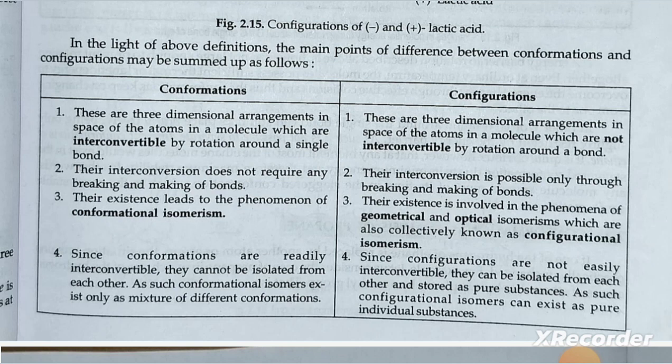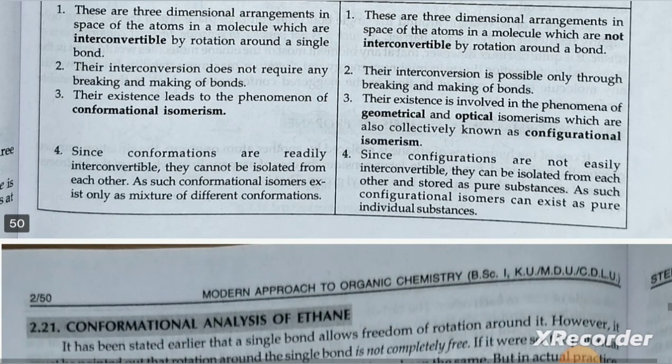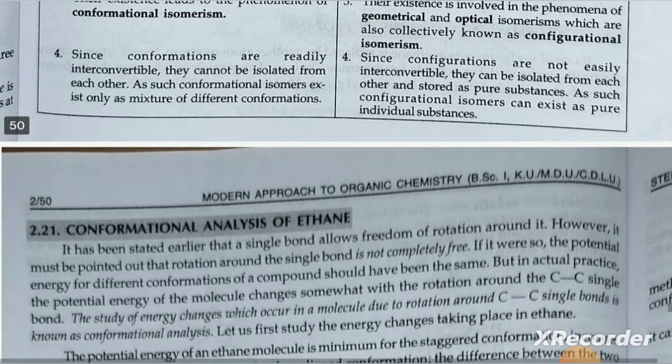As such, conformational isomers exist only as a mixture of different conformations, whereas since configurations are not easily interconvertible, they can be isolated from each other and stored as a pure substance. As such, configurational isomers can exist as pure individual substances.